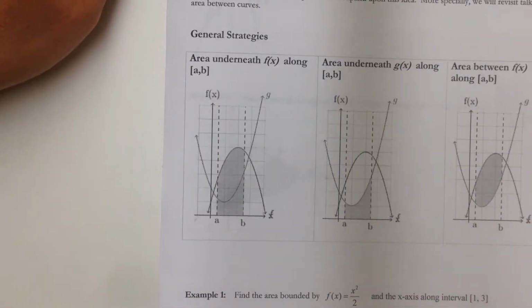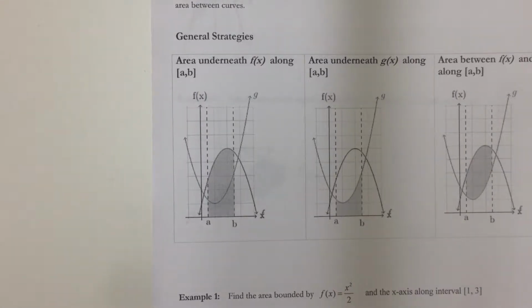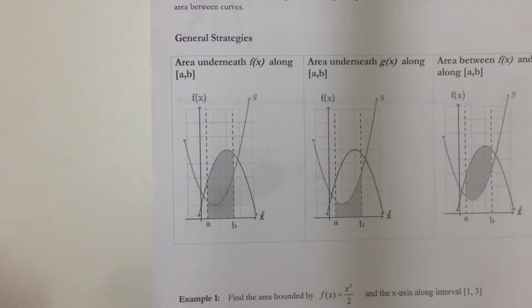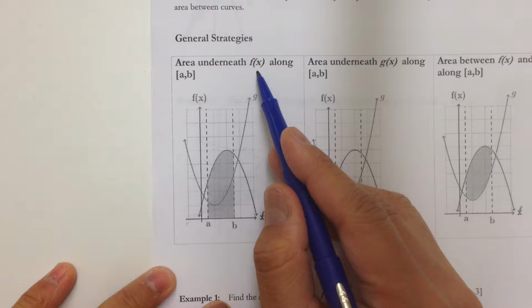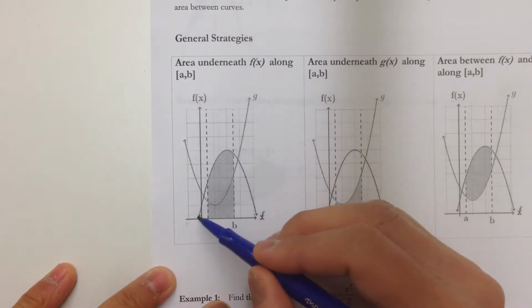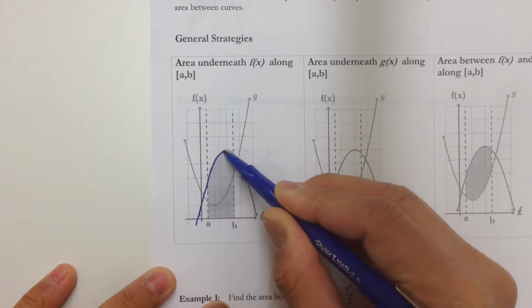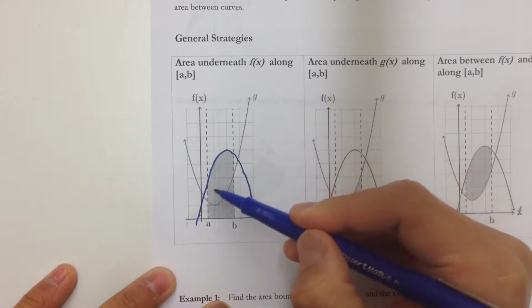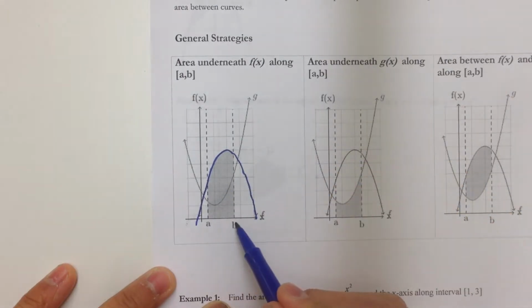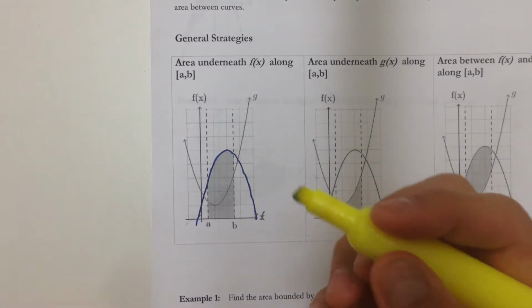From our past knowledge, especially in chapter 5, we developed a method to find the area under a curve. Let's say I want to find the area underneath the function f. Here's the function f. If I want to find the area under the function f from a to b, that's the shaded region from a to b.